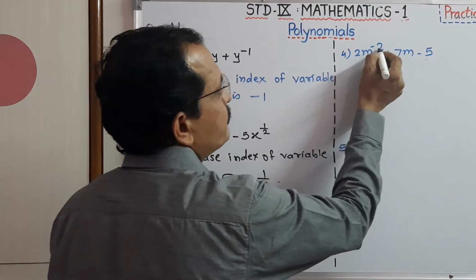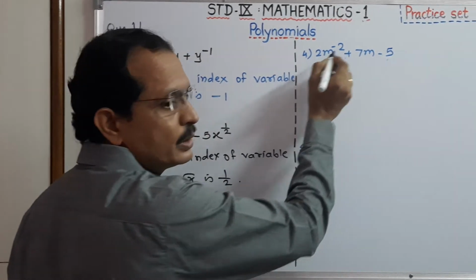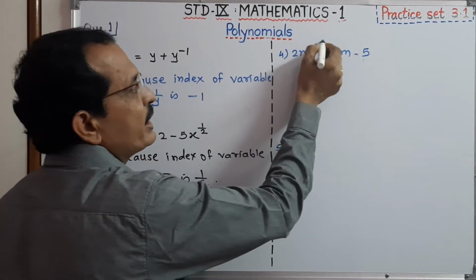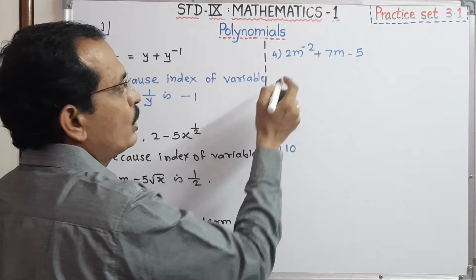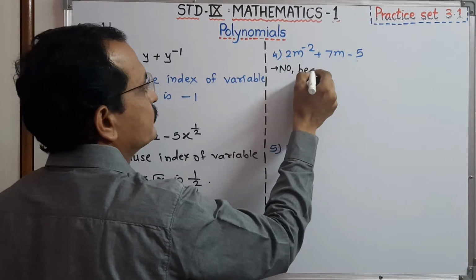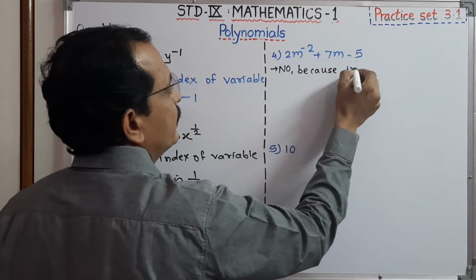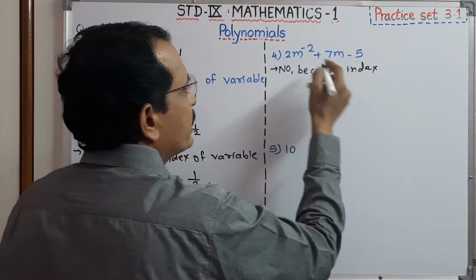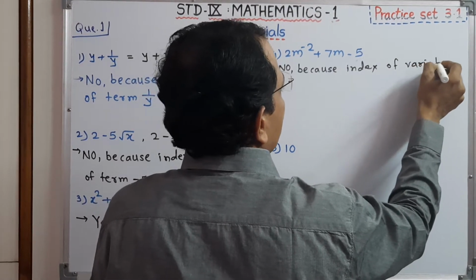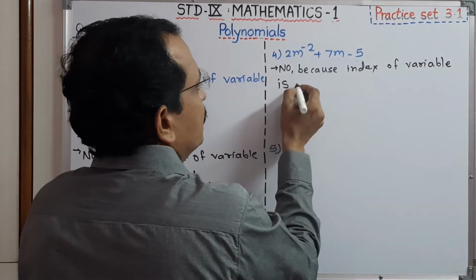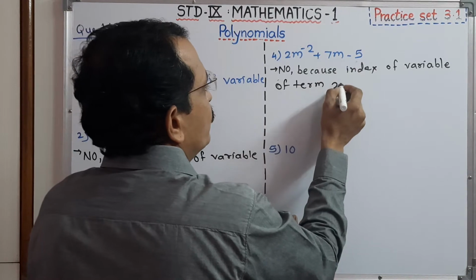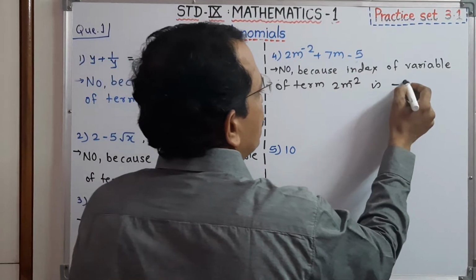See here, 2m raised to minus 2 plus 7m minus 5. Dear student, be careful here. Now index is minus 2, that means it is not a whole number, therefore we say that here it is no, because index, instead of index we can say power, index of variable of term 2m raised to minus 2 is minus 2.